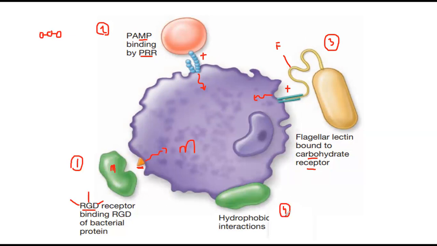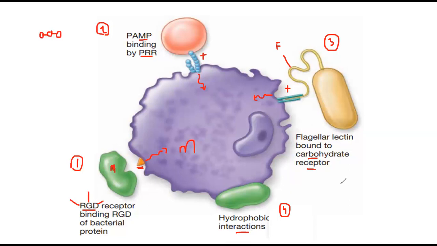The last one, the fourth one, is the hydrophobic interaction. If a microorganism interacts with the immune cell through hydrophobic interaction, it can be engulfed by the immune cell. What is hydrophobic interaction? The interaction between the fat molecules and the water molecules. Most bacteria consist of slime layers and capsules, and there is water content in the slime layers.